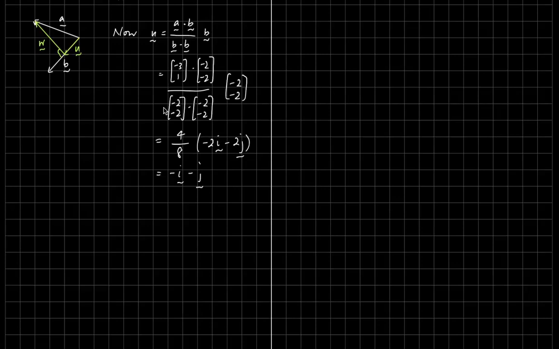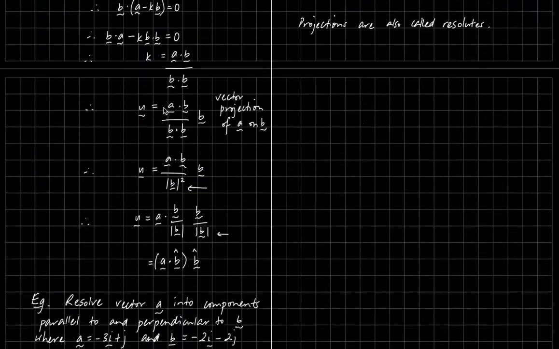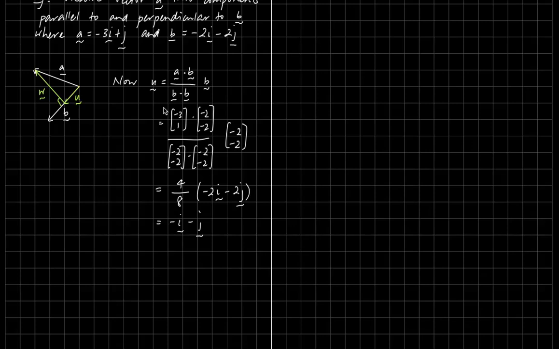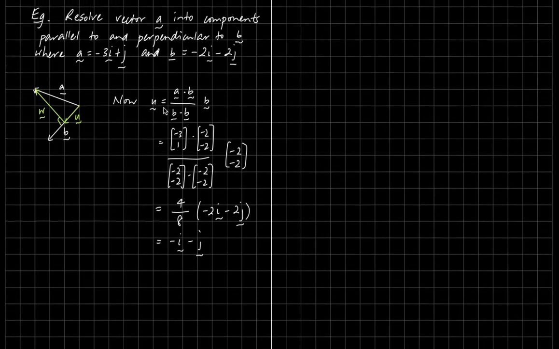So what we note there, and that should be the case, is that the vector u, or the projection of A on B, is in the same direction as B. So negative i minus j is in the same direction as negative 2i minus 2j, isn't it?